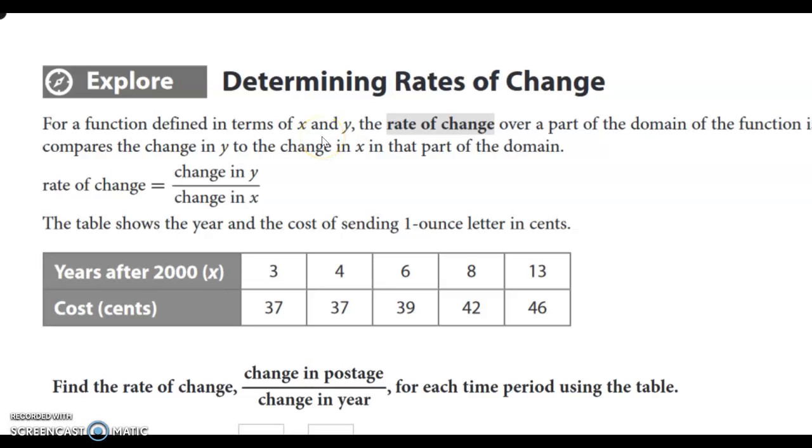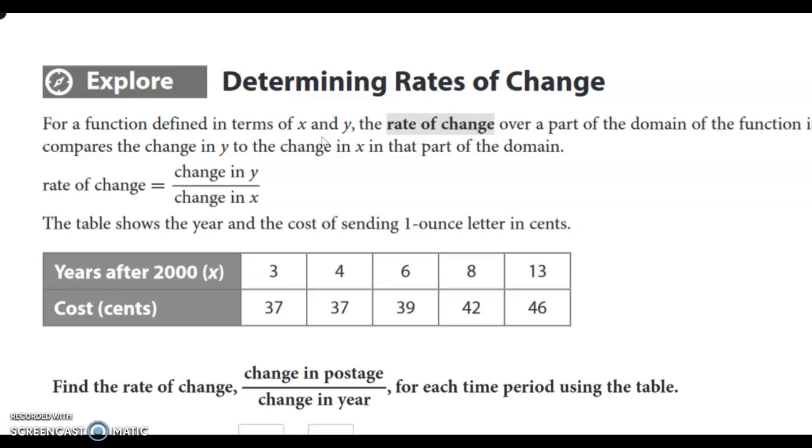Ware's videos. And today we're looking at determining the rates of change. So this is an explore exercise just to get a clear understanding what rate of change means. So essentially, you have a definition here, but essentially it means the change in y over the change in x. And here's an example of a table that shows the year and the cost of sending 1-ounce letters in cents.